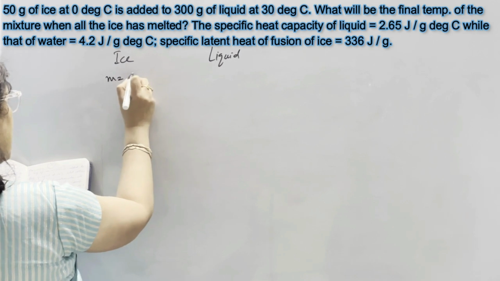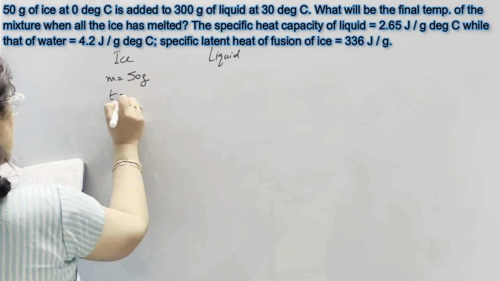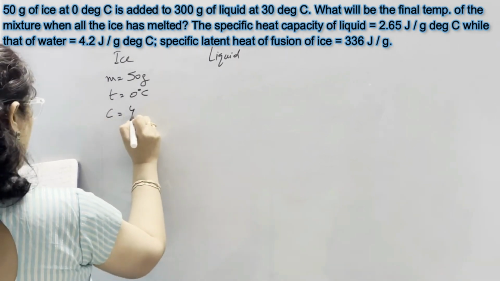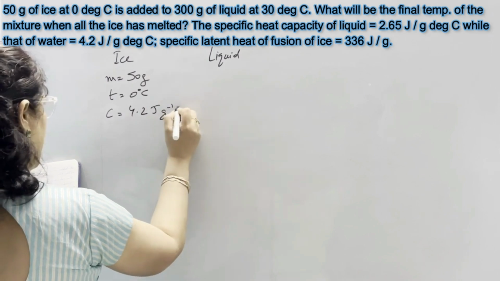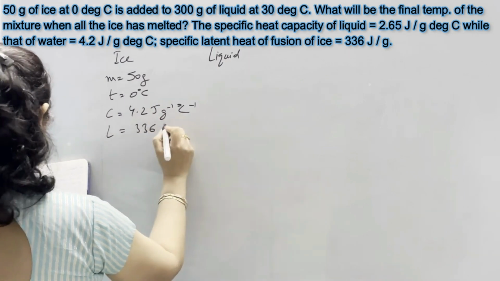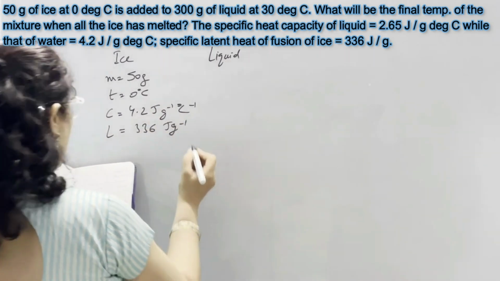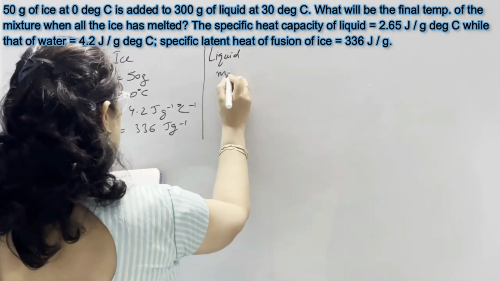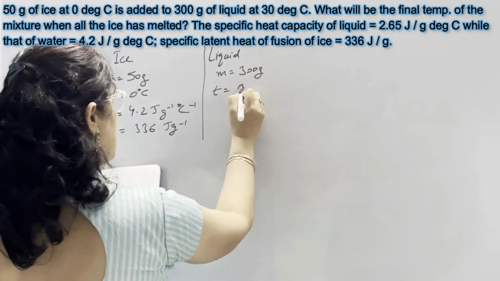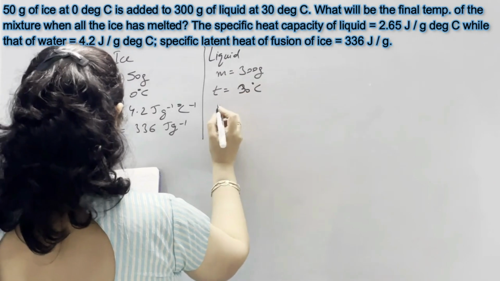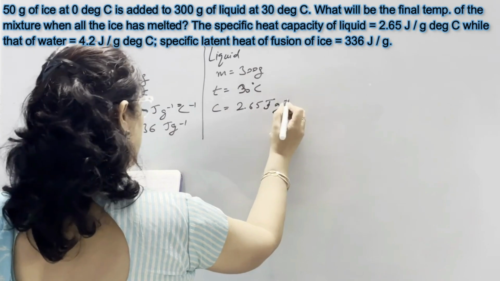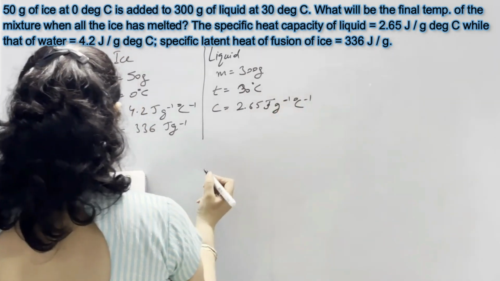So mass of ice is given as 50 gram and temperature is given as 0 degrees Celsius. C is given as 4.2 joule per gram degree Celsius and then L is also given as 336 joule per gram. Now, in the case of liquid, mass is given as 300 gram, temperature is given as 30 degrees Celsius and C is 2.65 joule per gram degree Celsius.